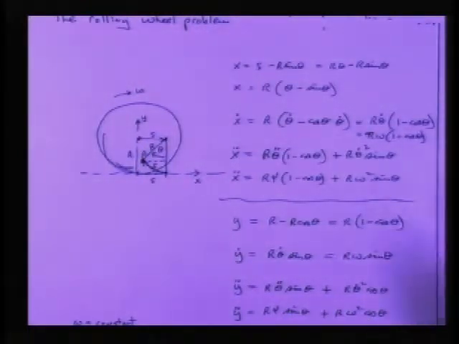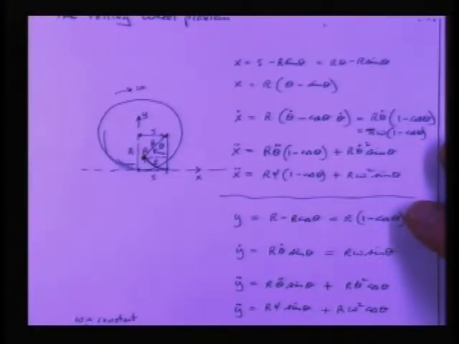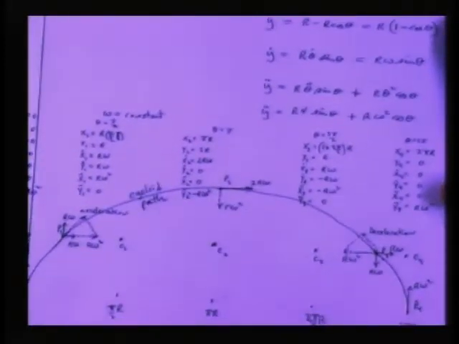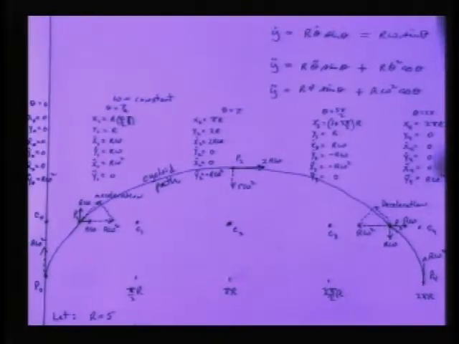Now what I did on this handout is I took those values at important points in the cycloid's motion. I'll get this so that it just fits on the screen here.